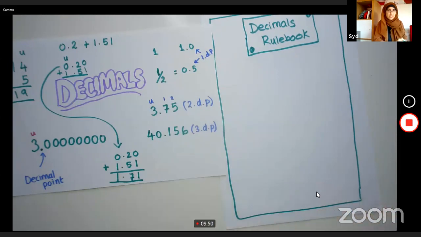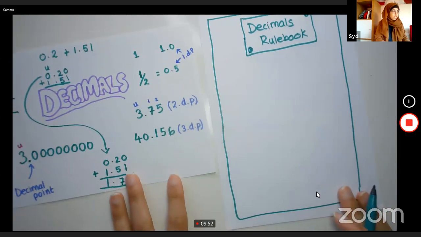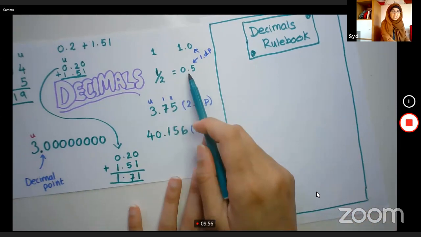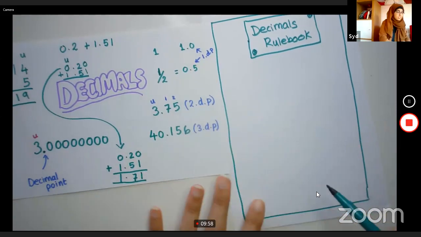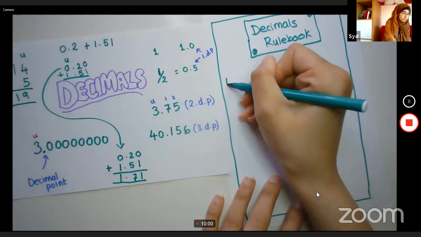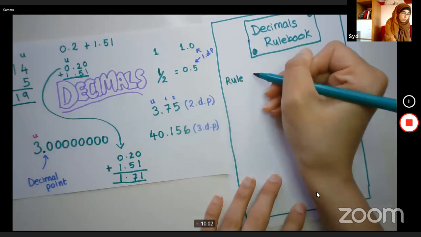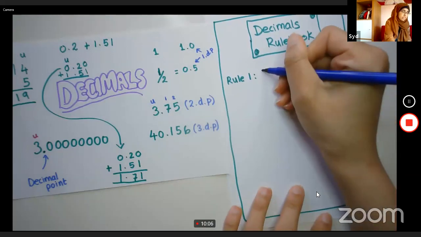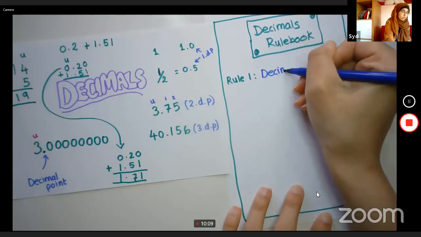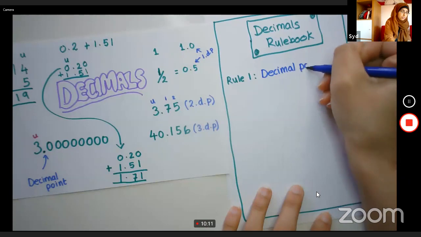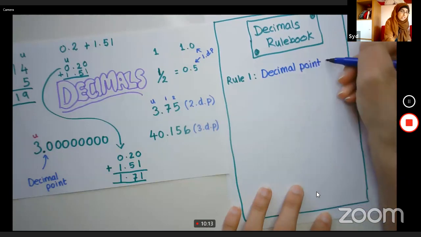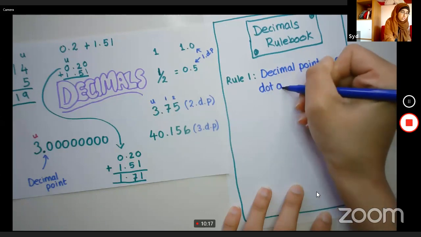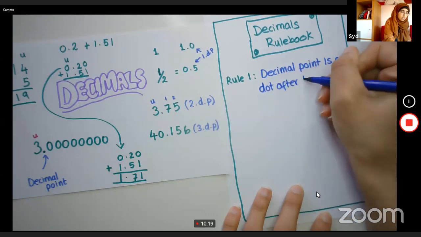Right, let's have a go with this then. Okay, so the first thing that we've noticed is that decimal points come after the units. Okay, so rule number 1. Rule 1. We're going to write decimal point is a dot after the units.